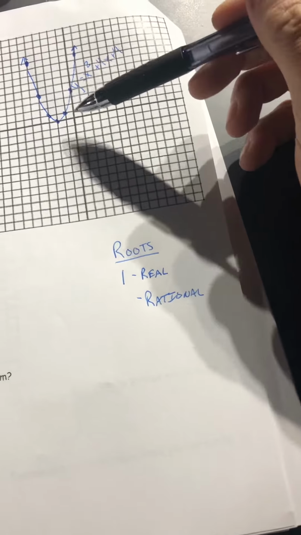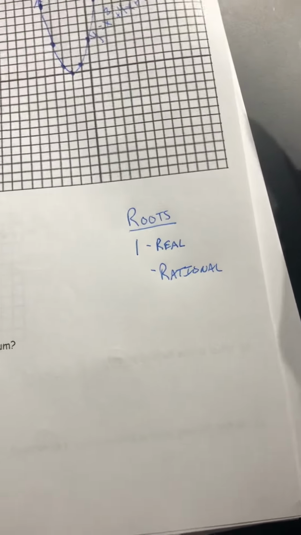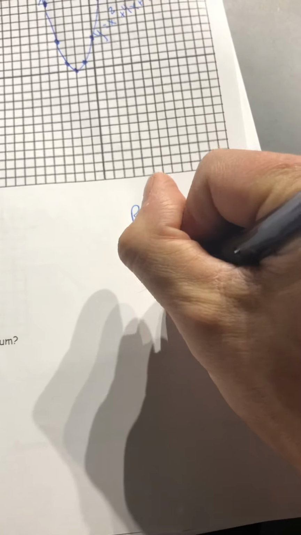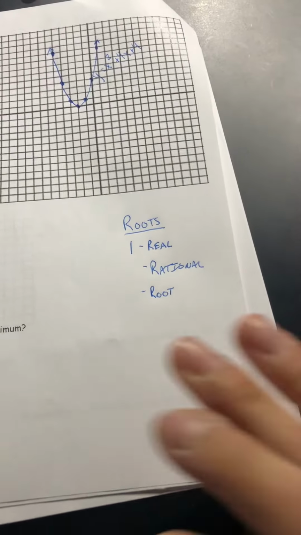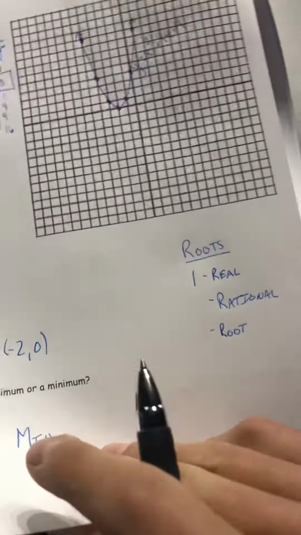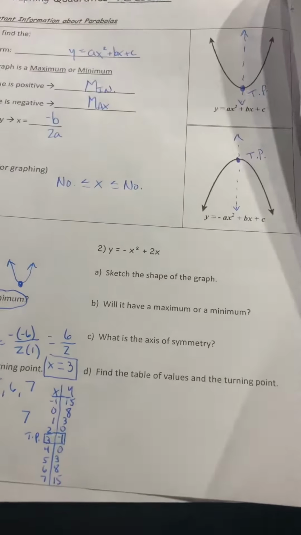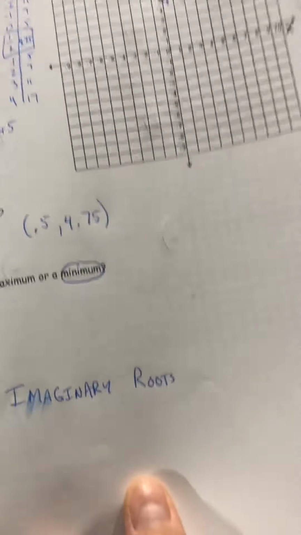Rational because it crosses at negative 2, so the number terminates. And once again, we talked about that in yesterday's lesson, where this one did not cross, so it was imaginary roots.